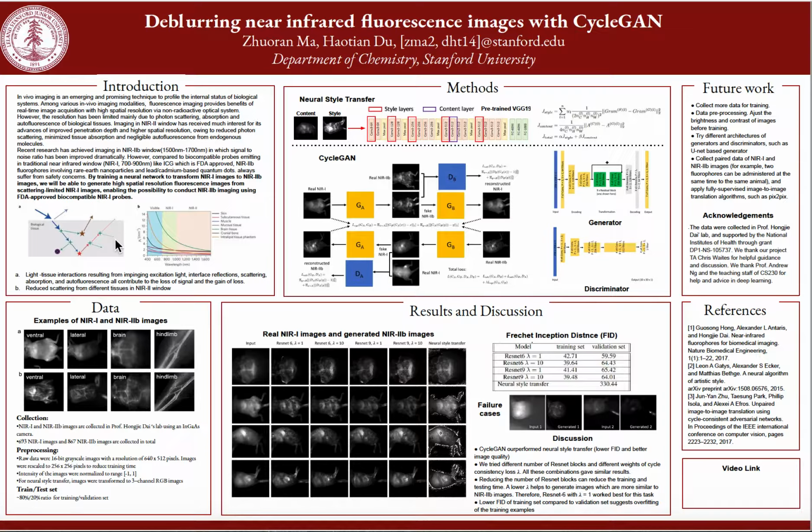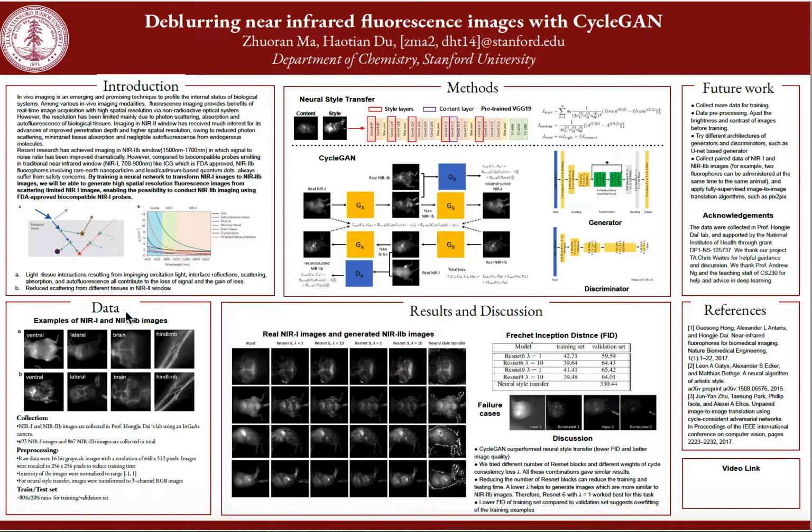Some NIR1 imaging probes have been approved by the FDA, but none of the NIR2B probes has been approved yet. So we came up with this idea to train a CycleGAN for transforming NIR1 images to NIR2B images.